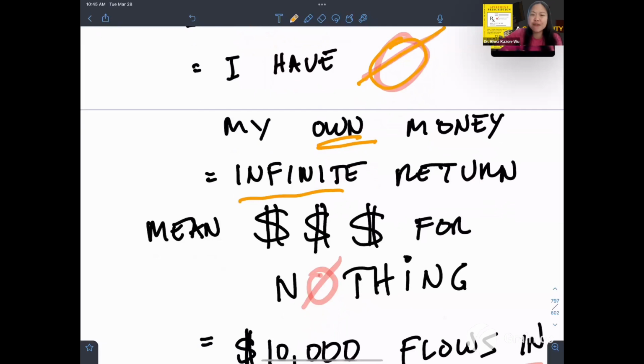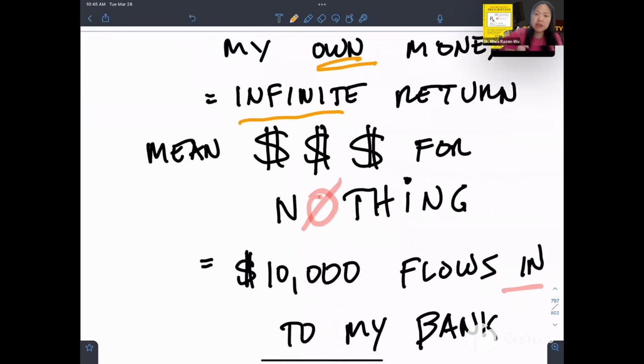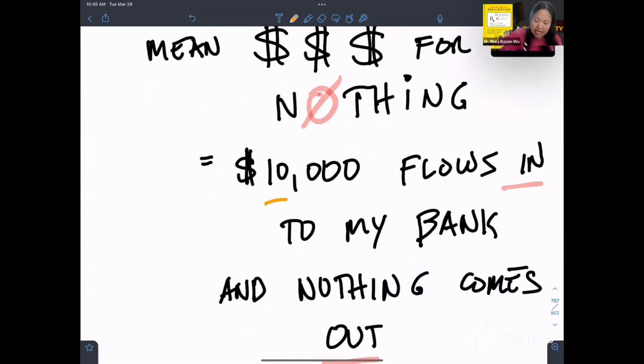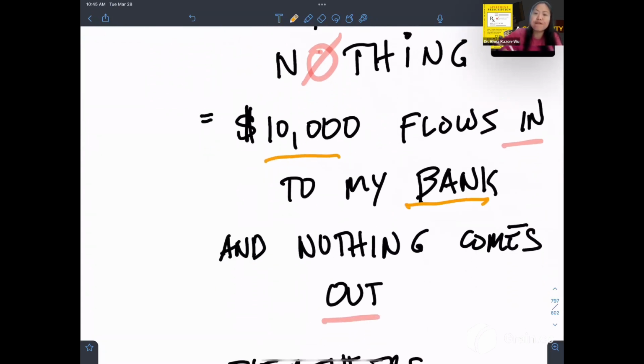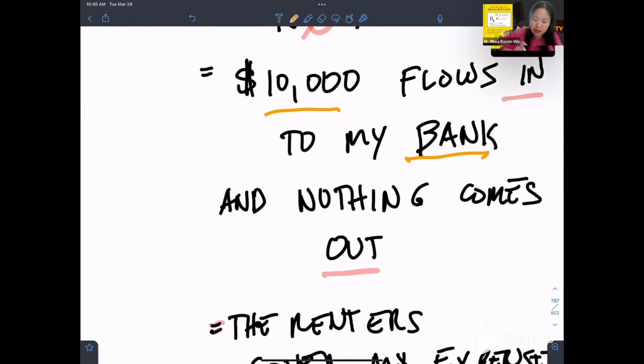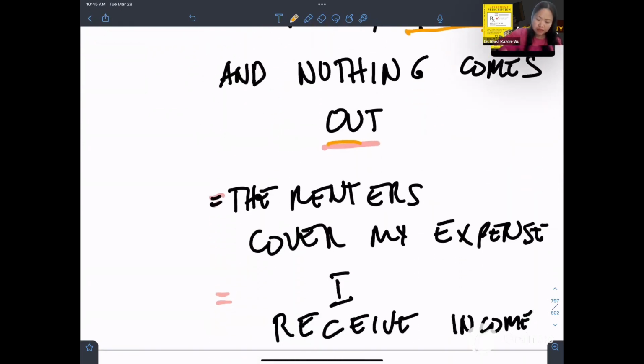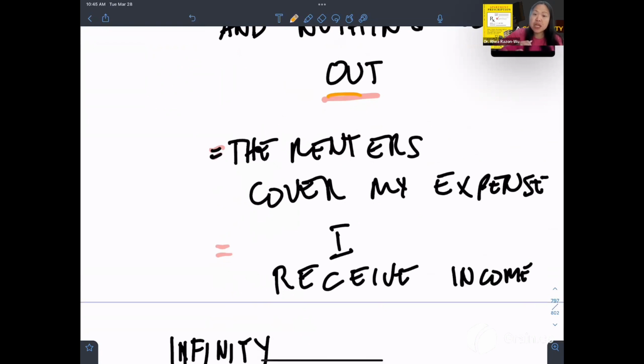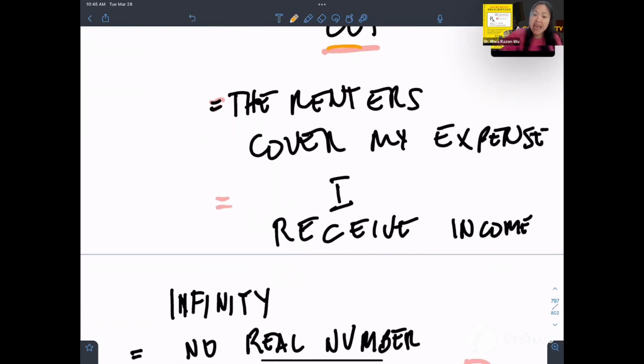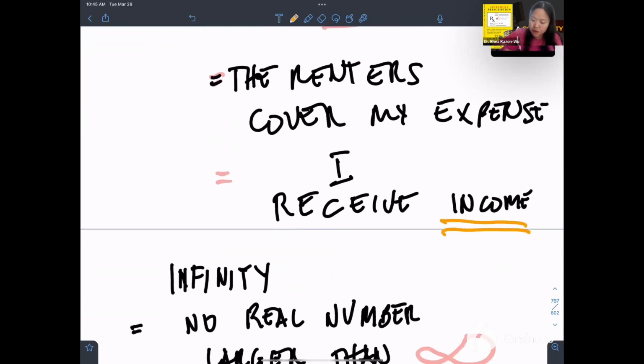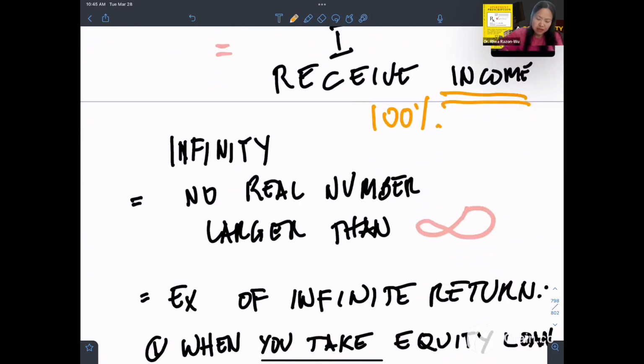That's why it's called infinite return. Infinite return means the money is for nothing. Why? Because it did not come from your own pocket. 10,000 of the net income flows into your bank, into your own pocket, and nothing comes out. The renters cover all the expenses, and I get to receive all the net income, 100%.